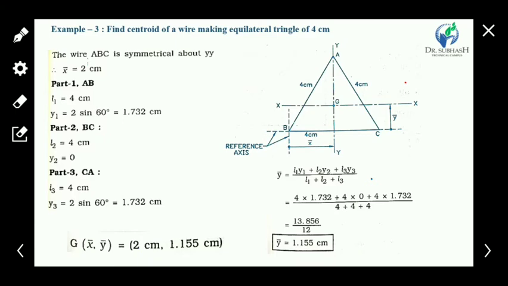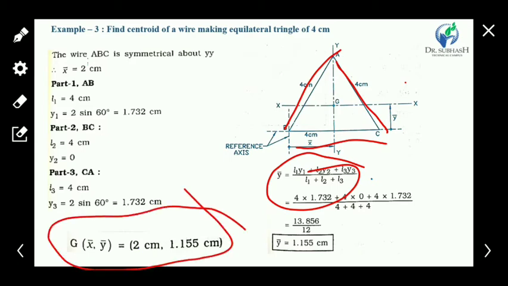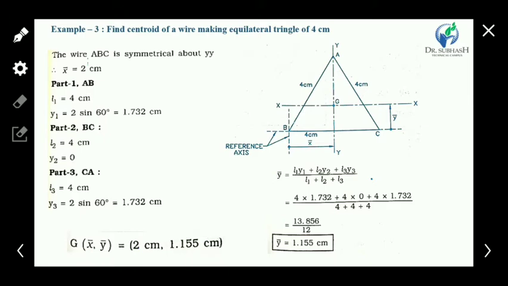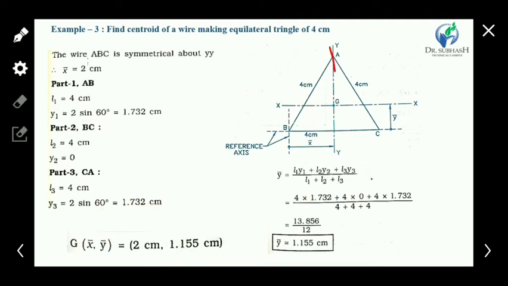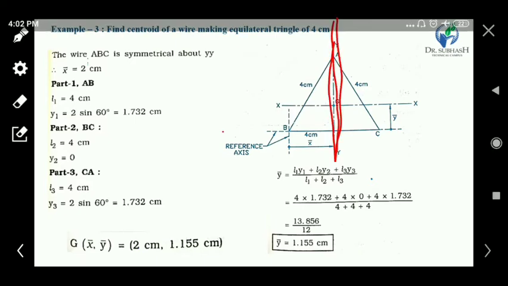Now we have three elements: AB, BC and AC. According to this equation, we would find the values of L1, L2, L3, x1, x2, x3 and y1, y2, y3. But here, for x bar, this equation is not needed; it can be found directly because it's symmetrical geometry about the vertical axis.